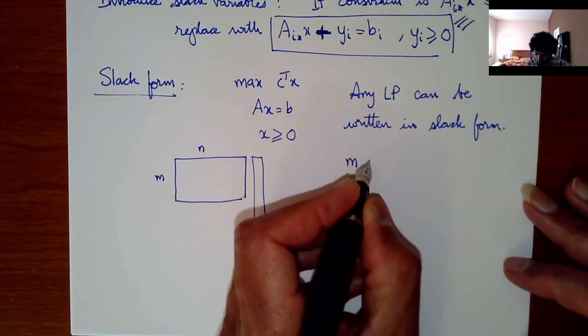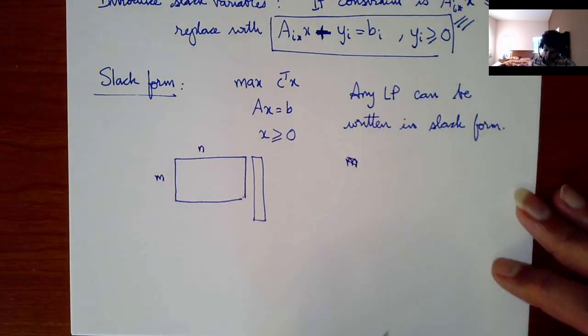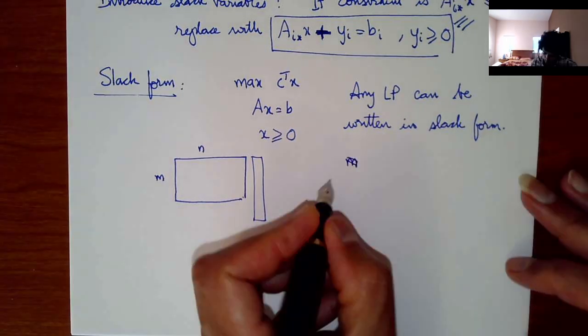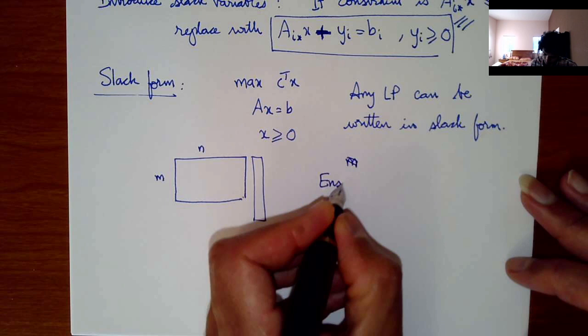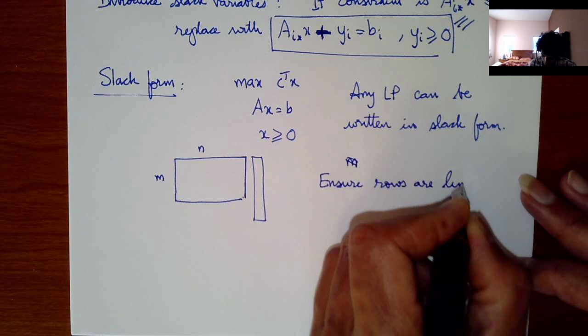Firstly, what we can do is ensure that the rows are linearly independent.